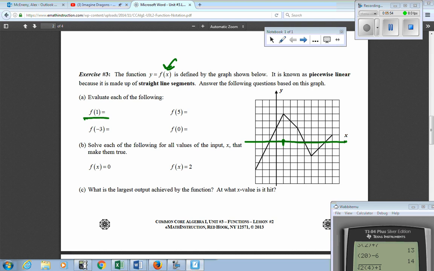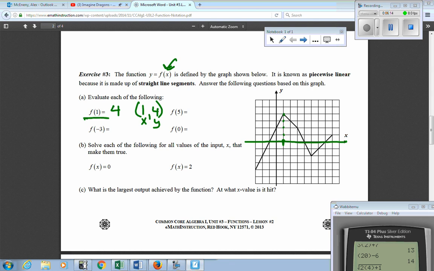If you put 1 into the function, the answer is going to be any point that hits that x line. So if I count up 1, 2, 3, 4 right here, my answer is going to be 4, because that represents the point (1, 4), which is a point on that graph.